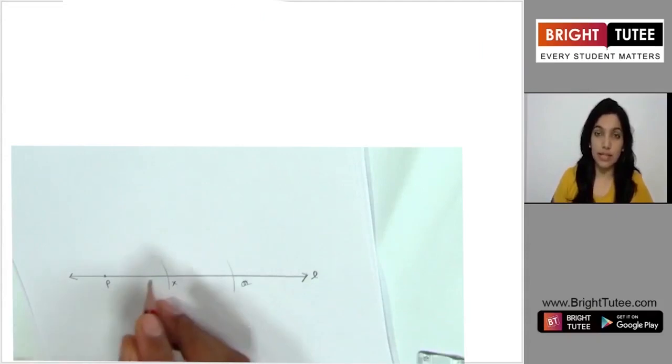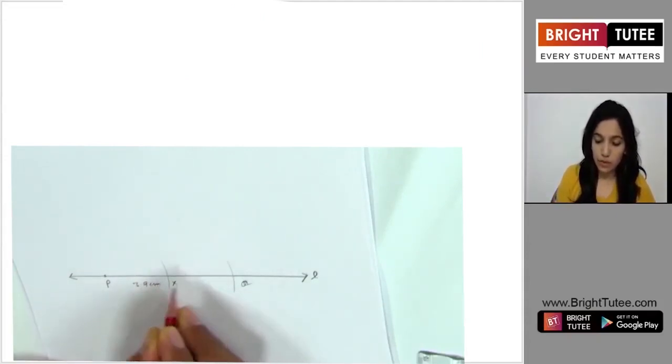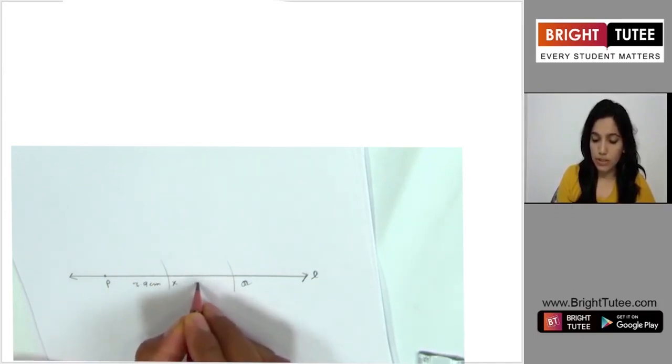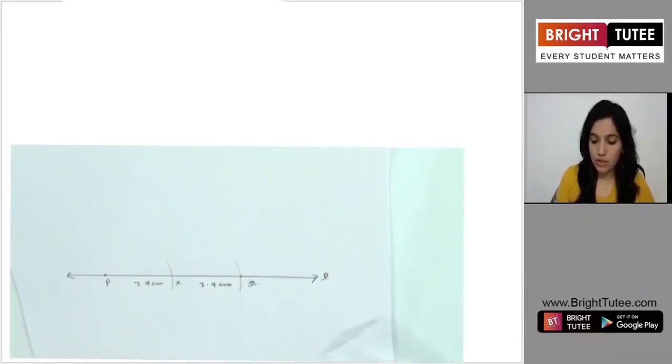So we can write this as well. The length of AB that was given to us was 3.9 centimeters. What we have drawn? We have drawn PQ, that is twice of 3.9 centimeters. Why?